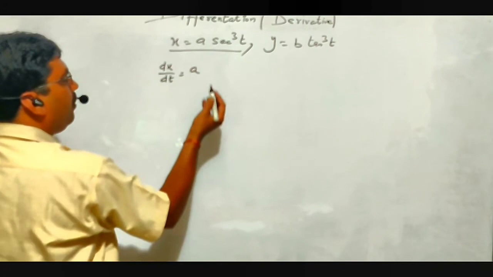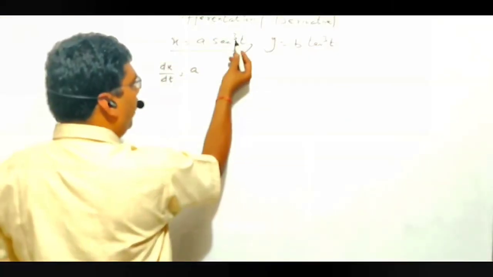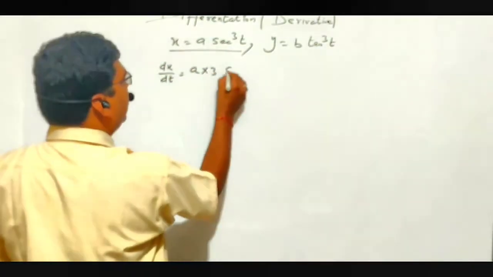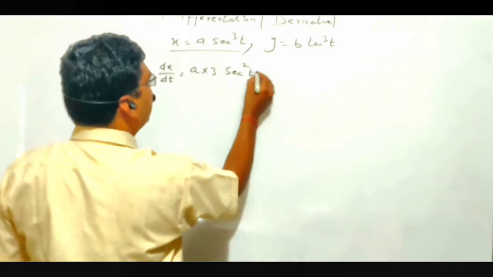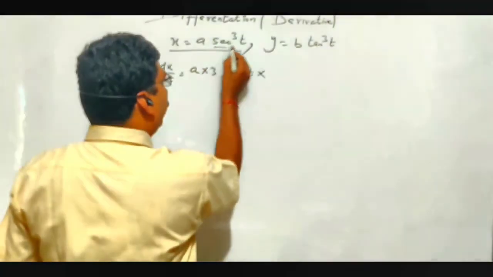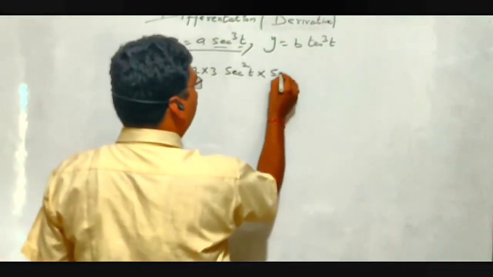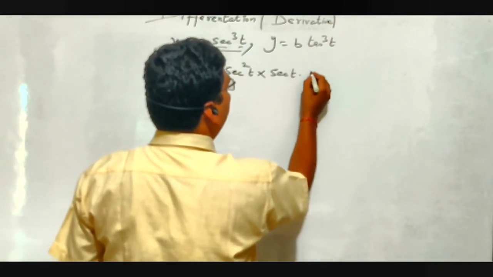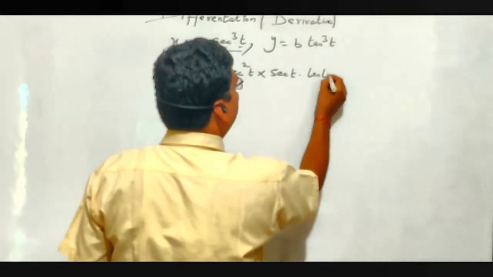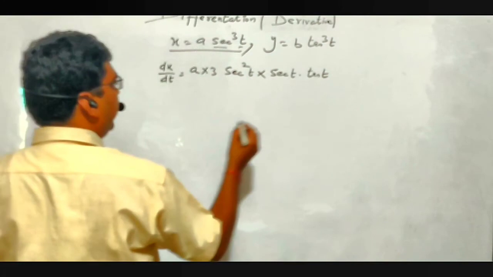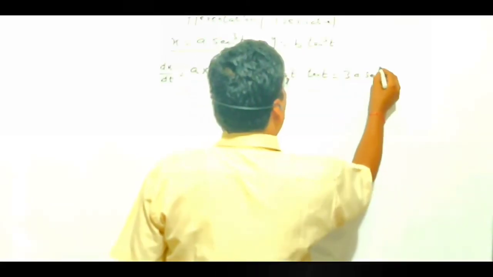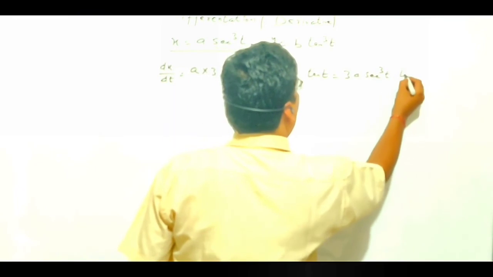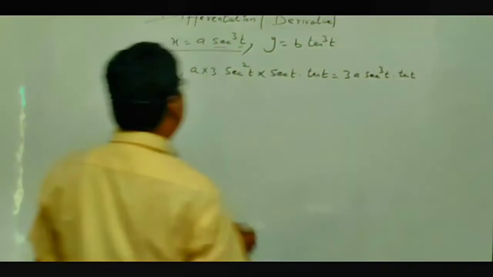A as it is, first the power comes forward, 1 power less. Now the derivative of secant t equals secant t into tangent t. That becomes 3a secant cubed t into tangent t.